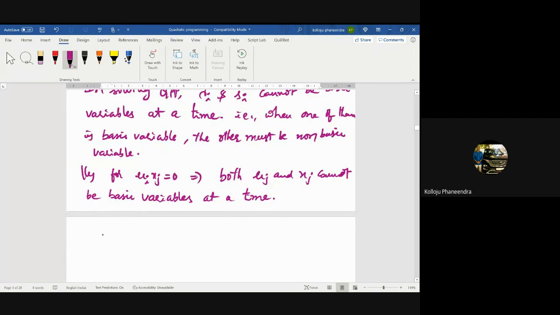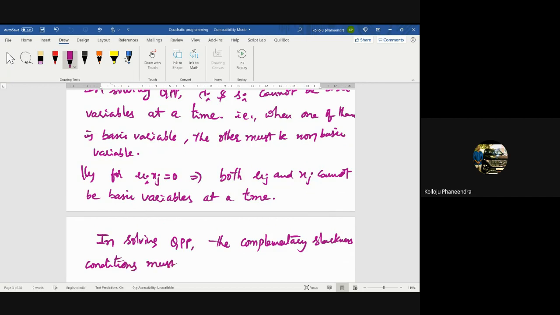This is an important point: in solving a QPP, the complementary slackness conditions must be taken care of.